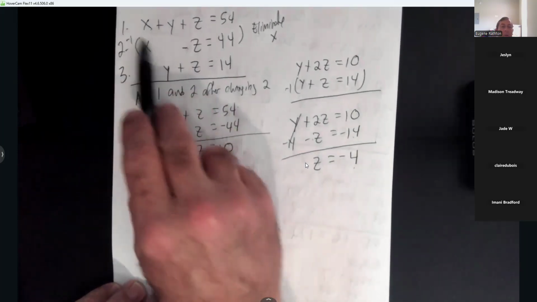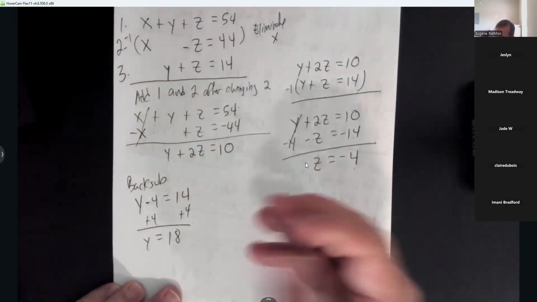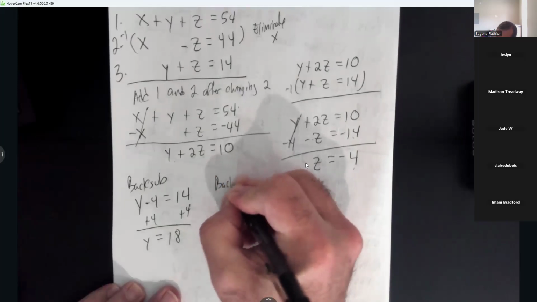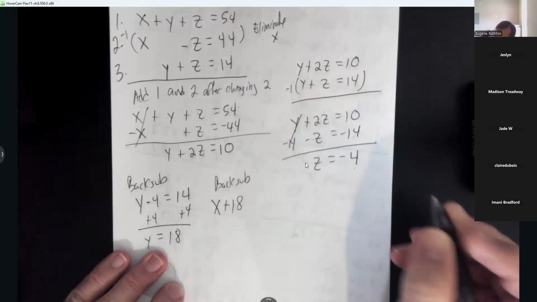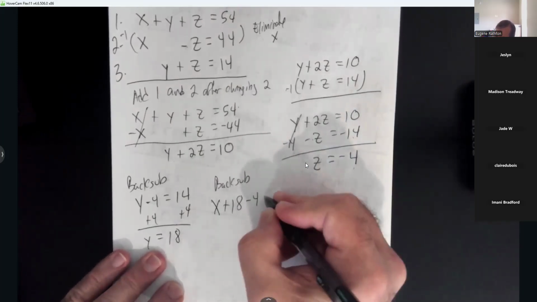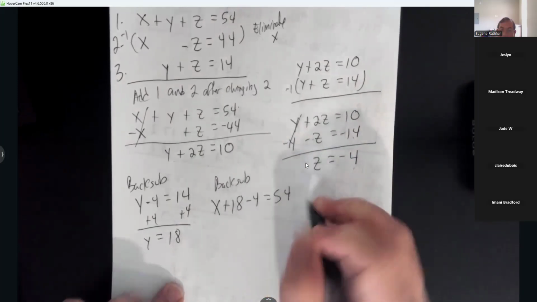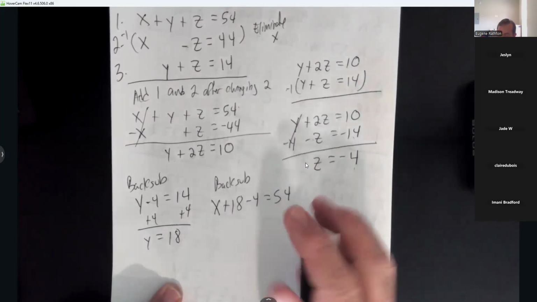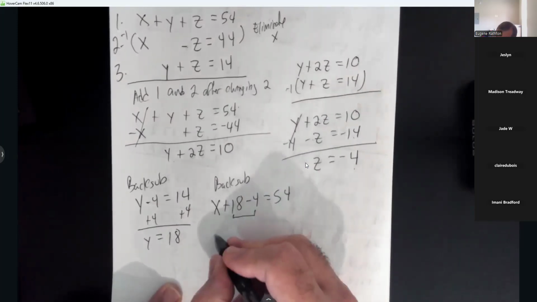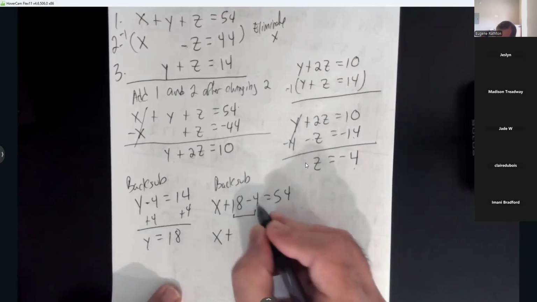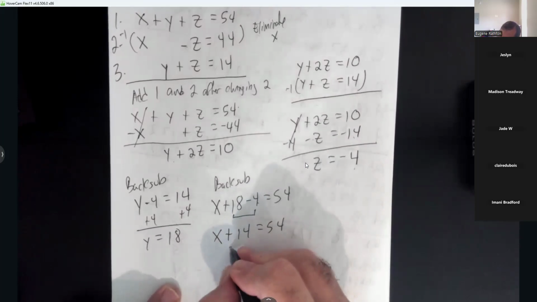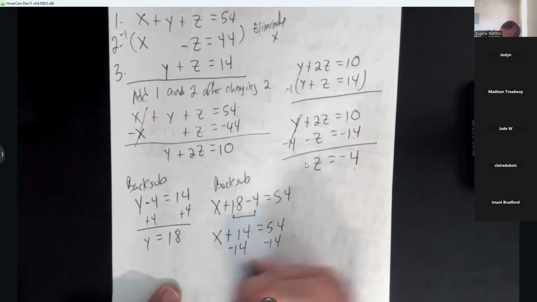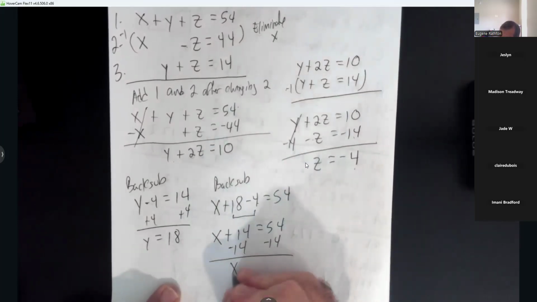So I can add all 3 of them, and they got to equal 54. So I'm going to back substitute for the last time. X plus Y, which is 18, and Z, which is -4. All 3 of them got to equal 54. All right, y'all. So 18 minus 4 is 14. And to finish this out, I'm going to subtract 14 from both sides.